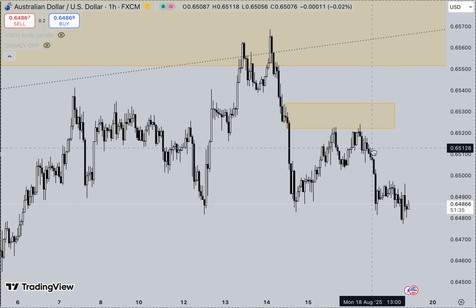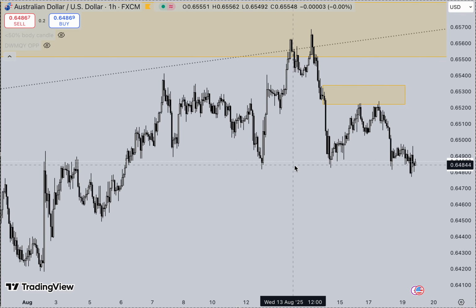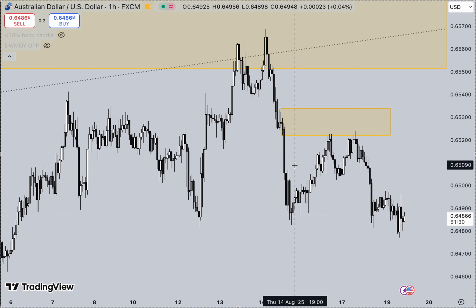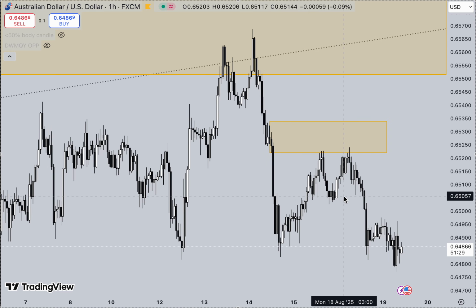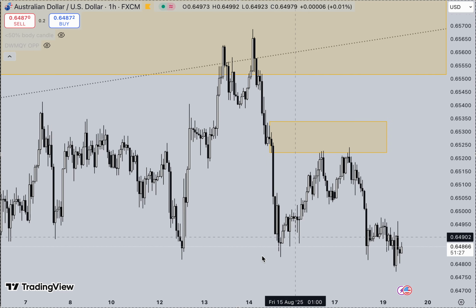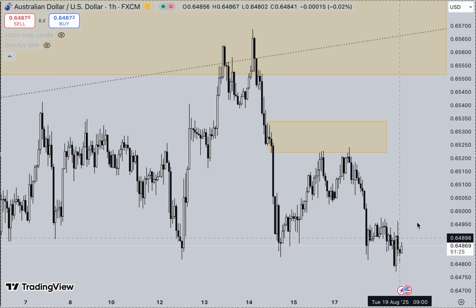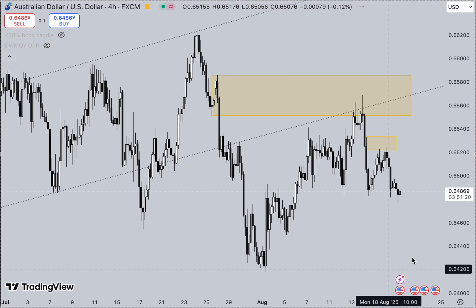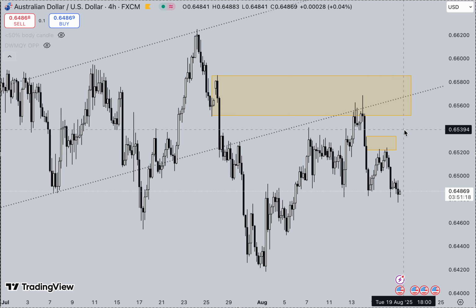Okay, and now we've taken out these lows. So what do we expect after a sweep of the low? Probably higher prices on AUD USD, and then maybe taking out these highs, retesting this supply, which took out market structure, and then we start to look for further sells on this pair.